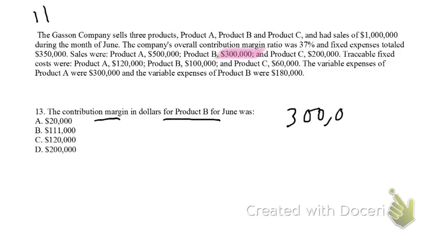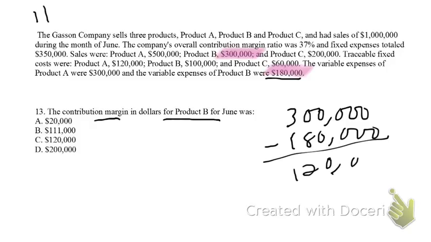Now I'm looking for my contribution margin, traceable fixed costs, and variable expenses for product B. My variable expenses for product B were 180 grand, so that leaves my contribution margin at 120 grand. Keep in mind, contribution margin is variable costing, used to find break-evens and so on. So that's 120 grand, and the correct answer is C.